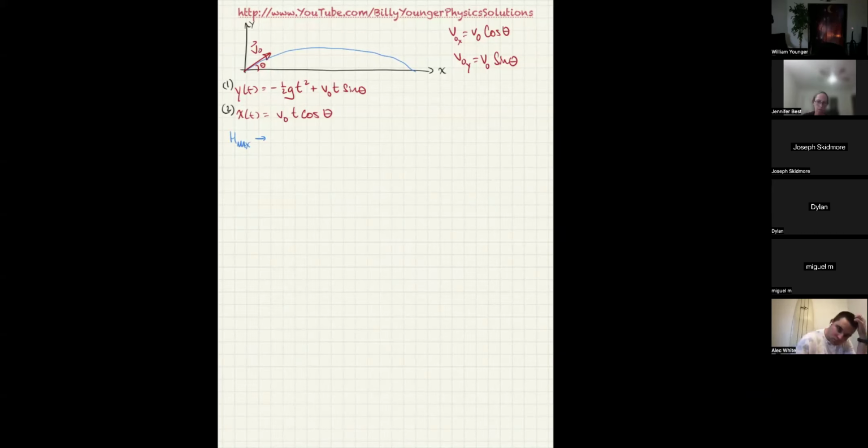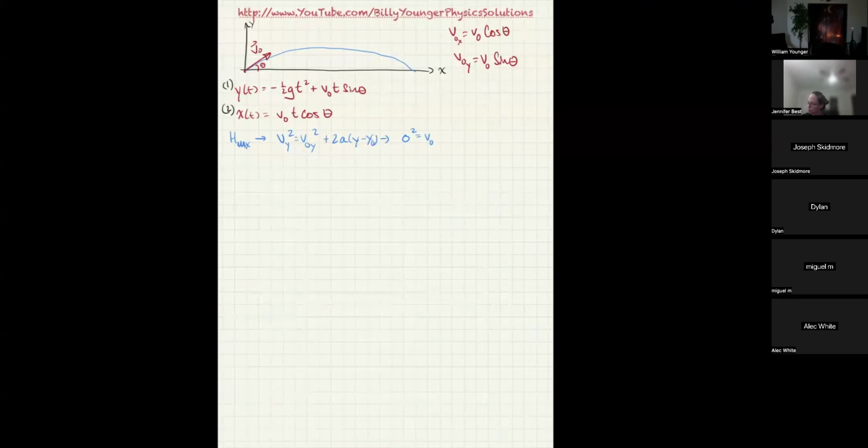I'm going to use that other way, which is V y squared equals V0 y squared plus 2 times a times y minus y0. But now I'm going to set it up for this particular problem. I'm going to say 0 squared is equal to V0 squared, we're talking about the y component here, so it's sine squared theta minus 2g, and then the y is actually the h max.